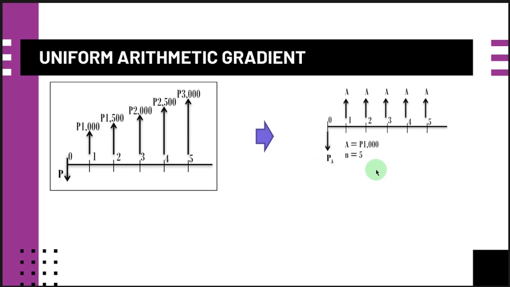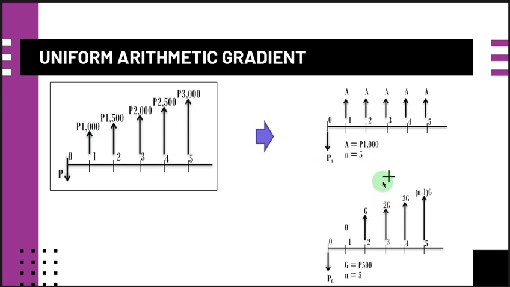So we have this cash flow diagram below, which will compensate the differences in amount between the first year until the final year of 5 years.